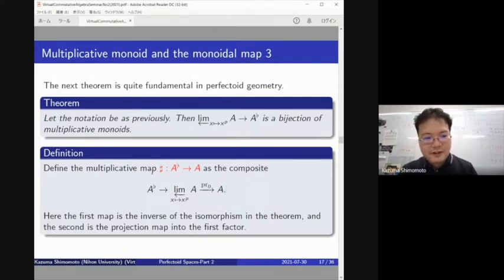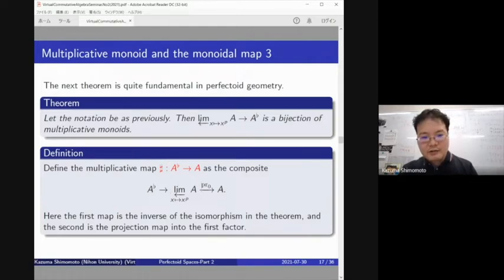So using this theorem, we can define the multiplicative map, which is quite important, this sharp map from A flat to A. So this A flat is a characteristic p ring, and this A is, let's say, when A is a p-torsion-free ring, a mixed characteristic ring. So let's define this map as a composite.